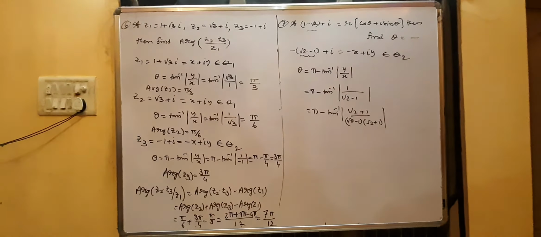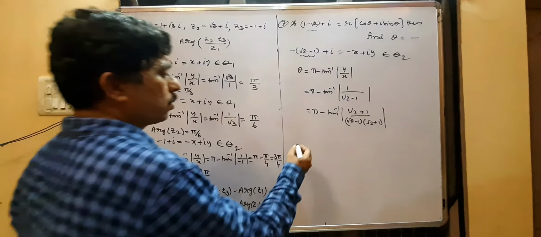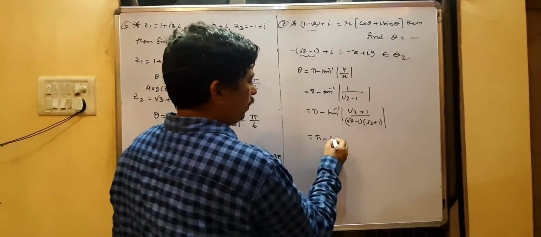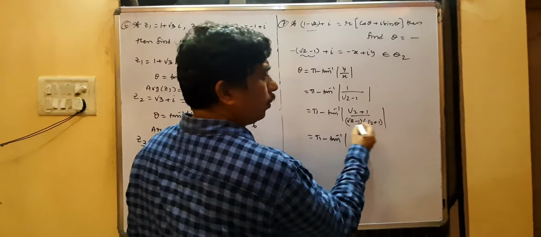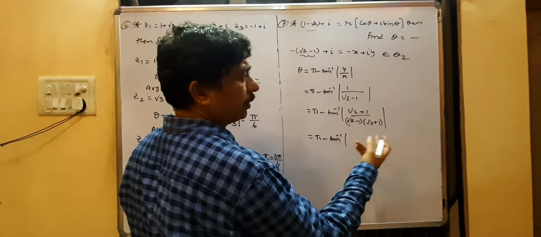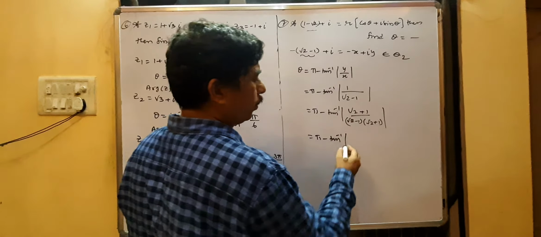That is (a plus b)(a minus b) equals a square minus b square, so root 2 whole square minus 1 square, 2 minus 1, 1, we get root 2 minus 1.